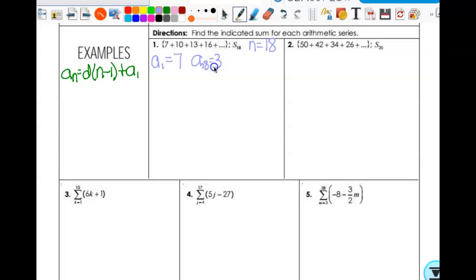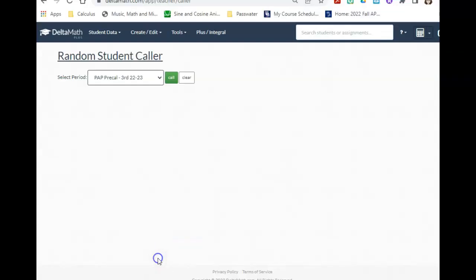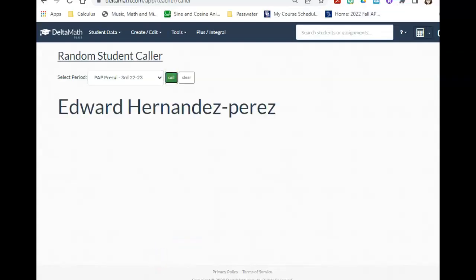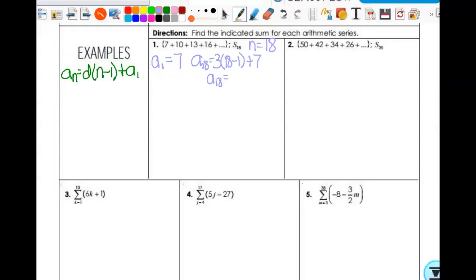So this is 3 times 18 minus 1 plus 7. So go ahead and find the 18th term. And then Edward, tell me what the 18th term is. 58. Y'all agree with that? Yes. Good job. Thank you.